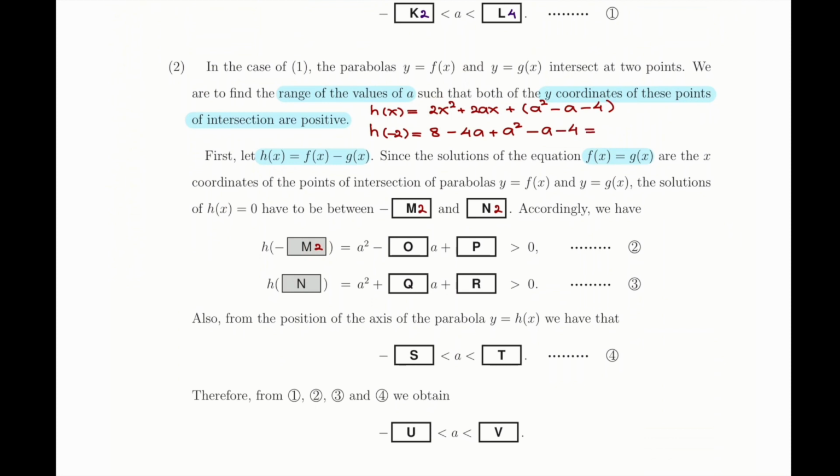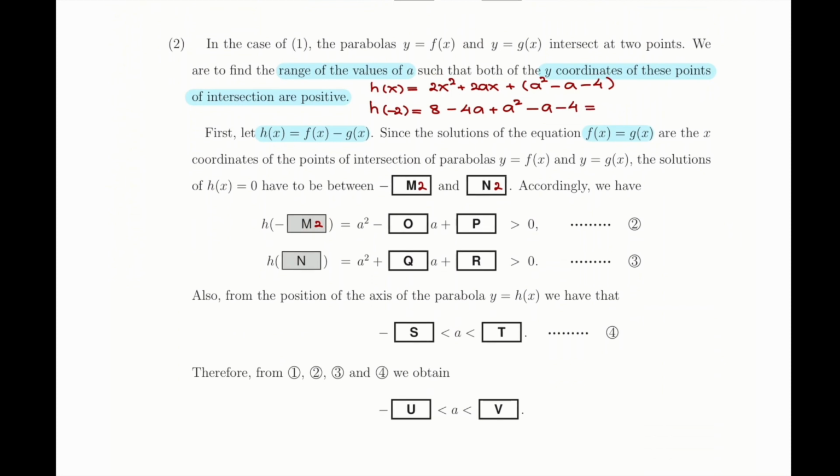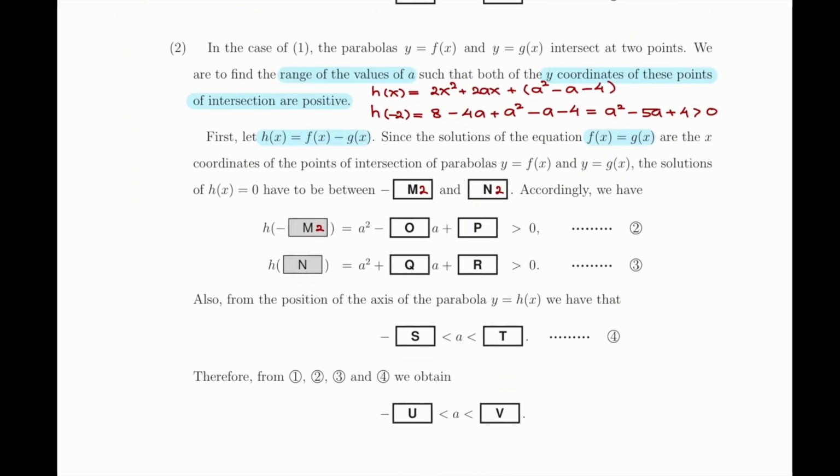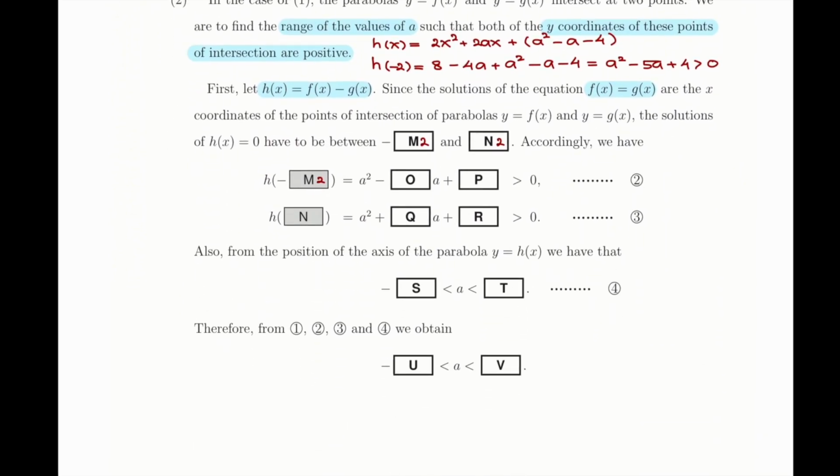And then if you simplify it, you will get a squared minus 5a, 8 minus 4 plus 4 must be greater than 0, because the value of y must be positive. So I think my O is 5 and then P is 4.